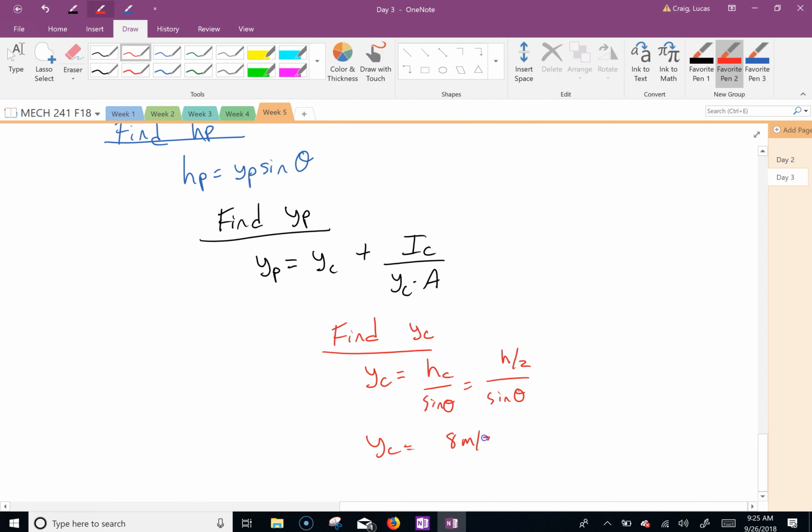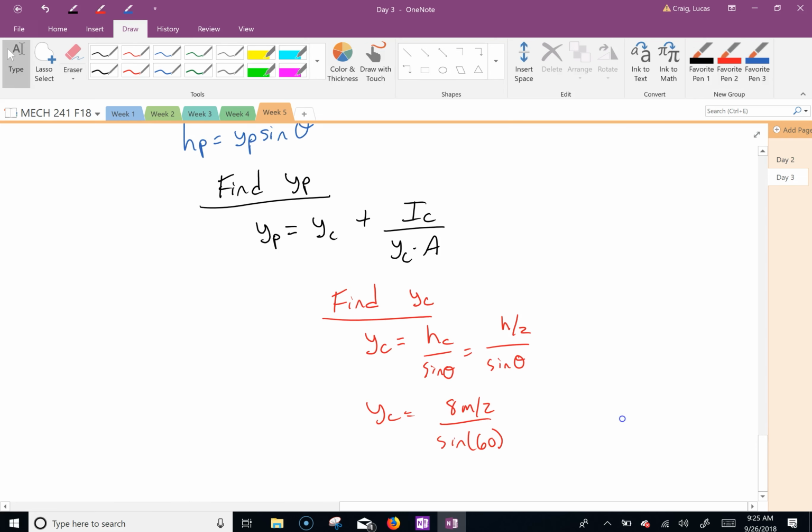So 8 meters over 2 sine of 60. And we get 4.62 meters.